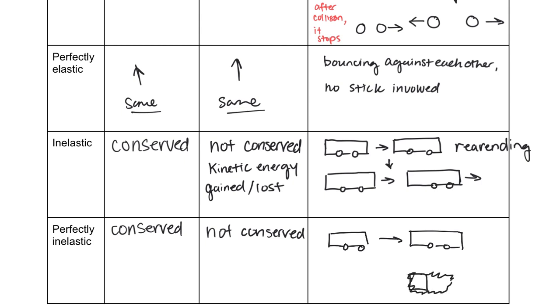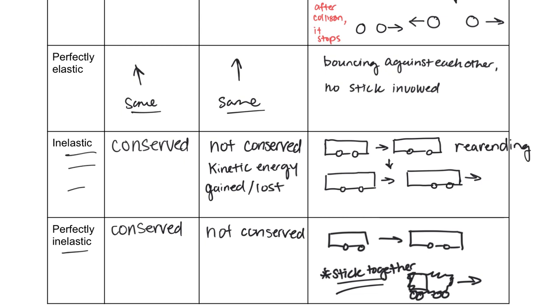And these cars will stick together and they crumple. And when they crumple and become one car, essentially, do they keep moving? Yes, they still move a little bit, right? So they crumple and they still move, but the key word is that they stick together, okay? That's what defines a perfectly inelastic collision.